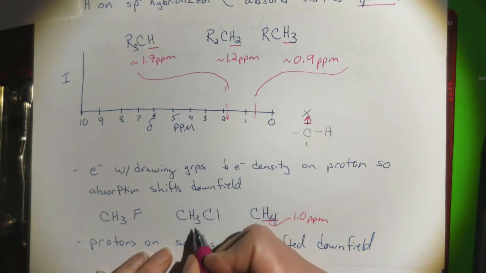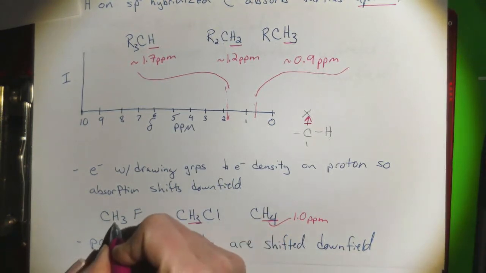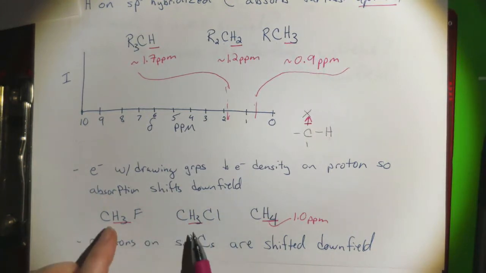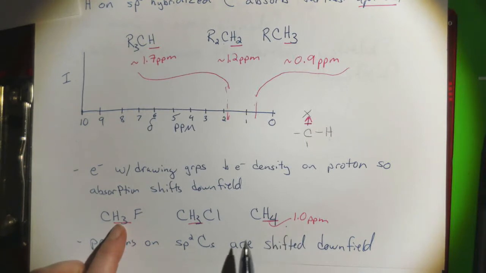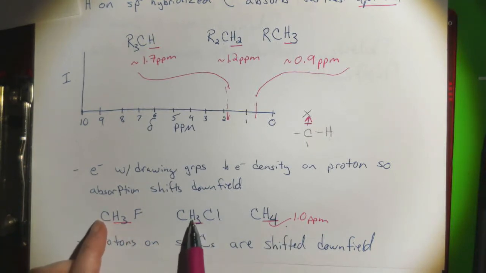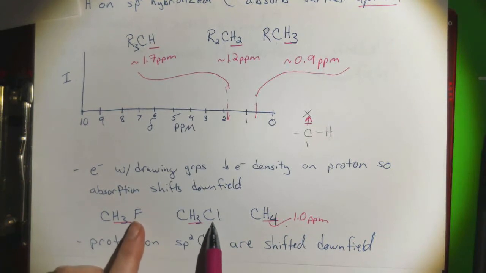So let's take a look at these protons here and these protons here, and how they're going to absorb relative to these. Both are attached to carbons with electron withdrawing groups, so they're going to absorb farther downfield, meaning a bigger ppm for each of them. Now what's the difference between these two?